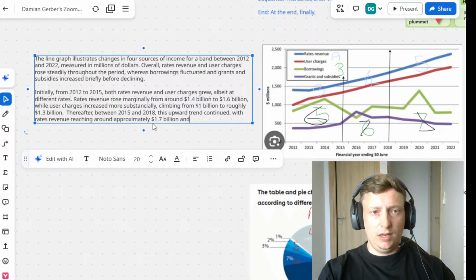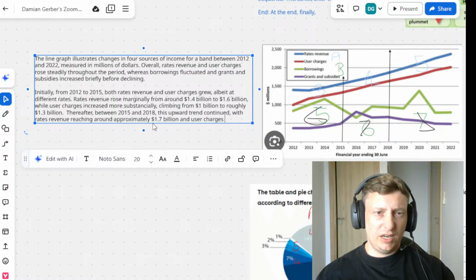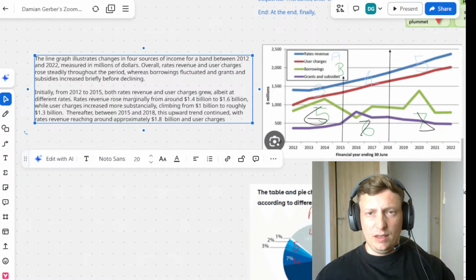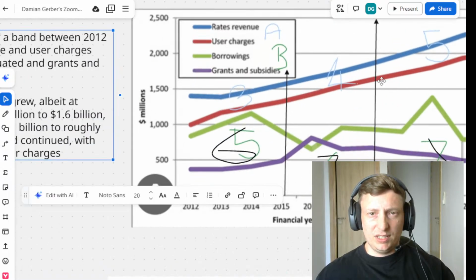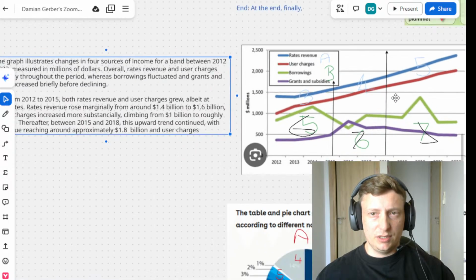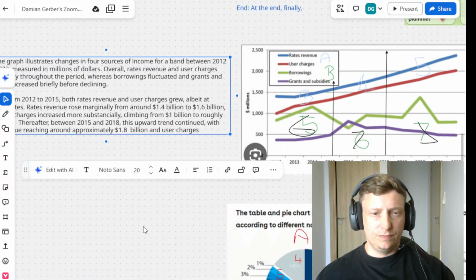Okay. And what's user charges doing? So they rose to 1.6. On second thought, I think this is closer to 1.8, right? Because if we're going to put 1.6 here, this can't be 1.7. It doesn't make sense. Yeah, okay.